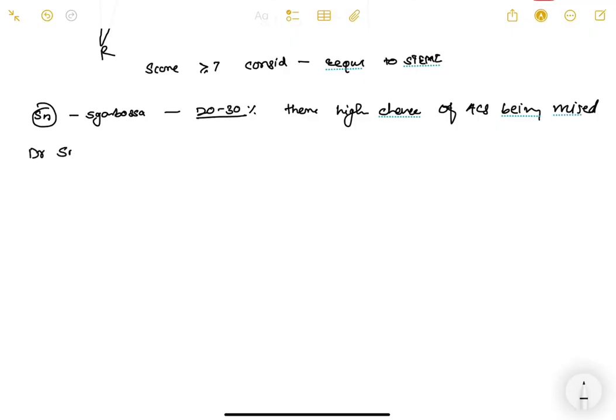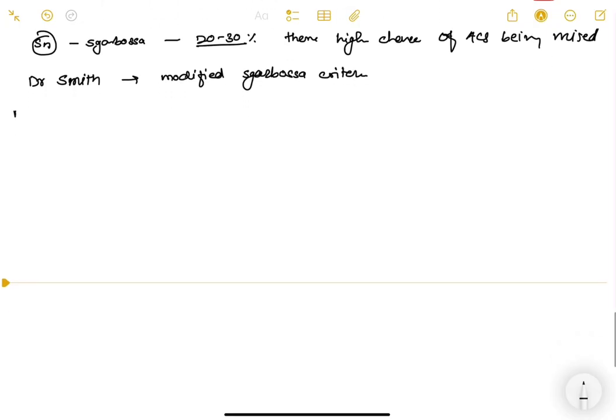So Dr. Smith came with the modification of this Garbosa criteria, known as the modified Garbosa criteria. What did he propose?